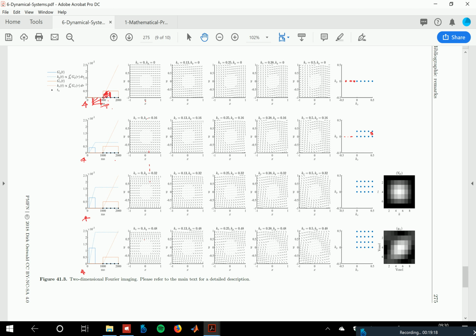So essentially, if you only acquire data in the center of k-space at low spatial frequency, then of course you only have a low spatial frequency in your image. If you acquire many, the number of points that you acquire in k-space directly maps to the number of image points you get, namely voxels. And so k-space determines your image quality.